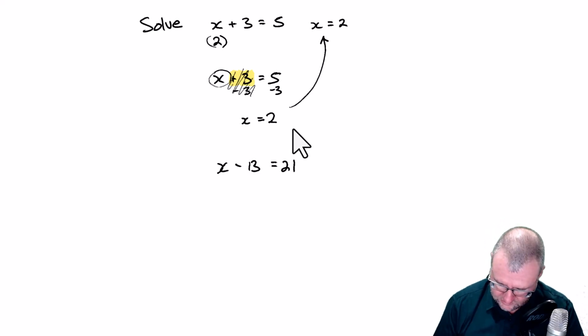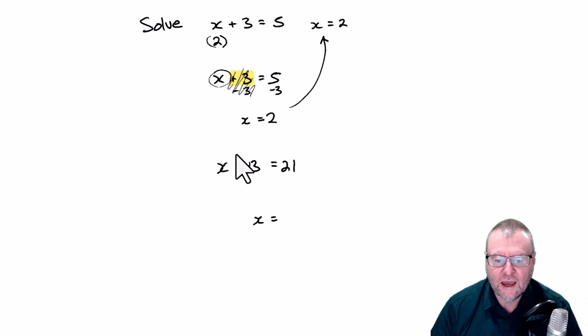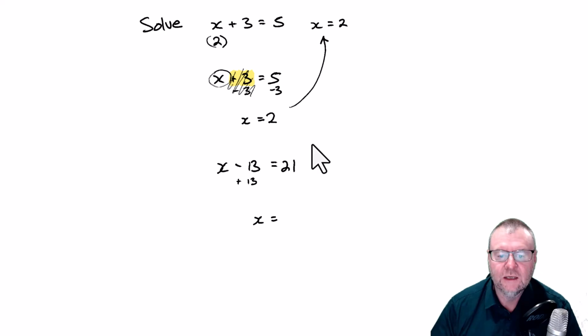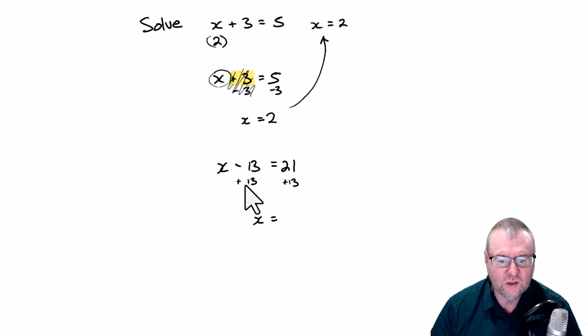Remember, my goal is to get x on its own. So to do that, I have to get rid of this minus 13. What's the opposite of a minus 13? Well, it's plus 13. But if I do plus 13 here, I have to do the same on the other side. I can do whatever I want as long as I do the same to both sides.